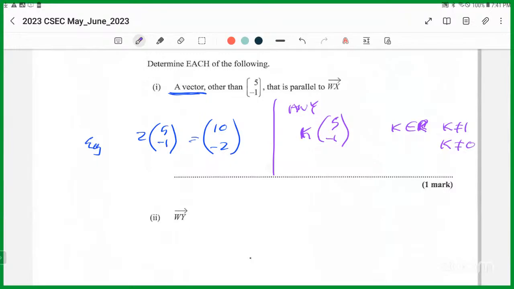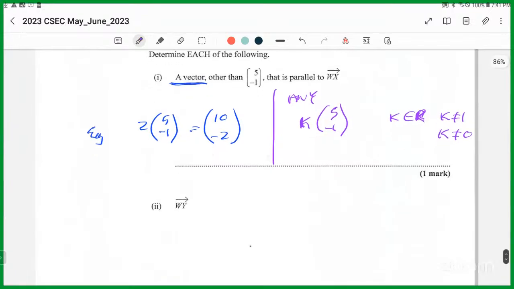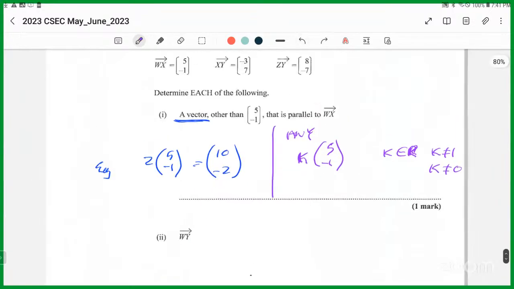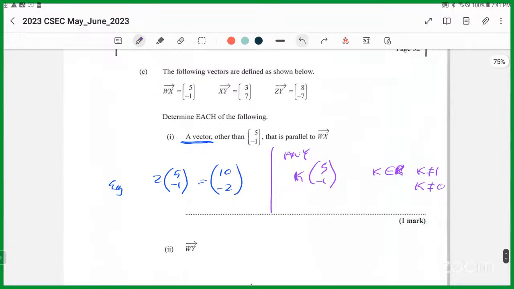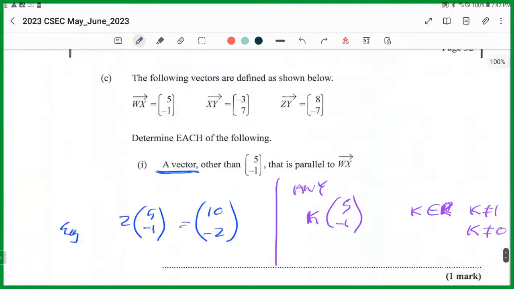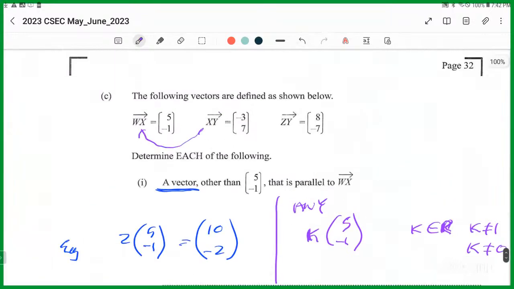All right? Next question. They want WY. In other words, which of these vectors will combine to take it from W to Y? This one starts at W, this one ends at Y, and X is the stopping point. That's what a vector is at this level, you go from point to point. So X is like a stopping point. If you add those two vectors, you're going to get WY.